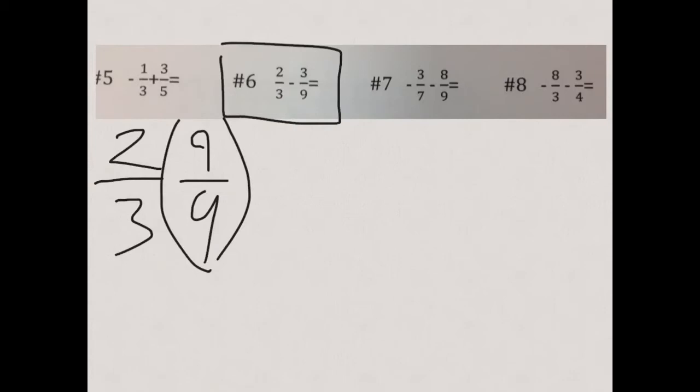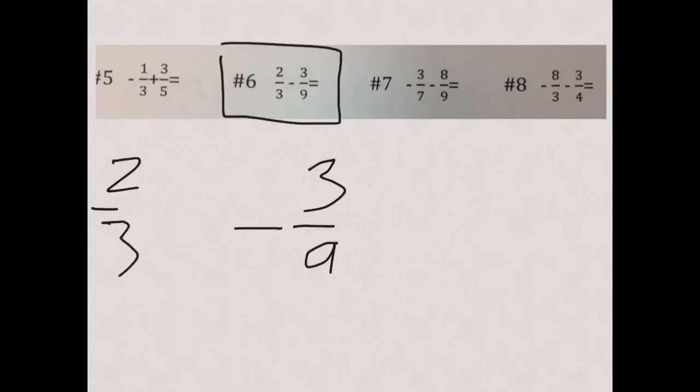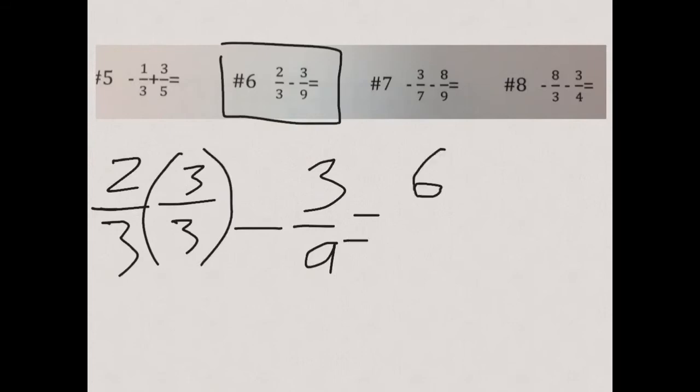This is where my times tables comes in, because I can save myself a lot of trouble by looking at it and saying, well, 3, if I count 3, 6, 9, well, 9 is a multiple of 3, so I don't need to do anything to 3/9. So minus 3/9. I just need to take 2/3, turn my denominator into 9 by multiplying times 3, do the same thing to the numerator, and I get 6/9 minus 3/9.